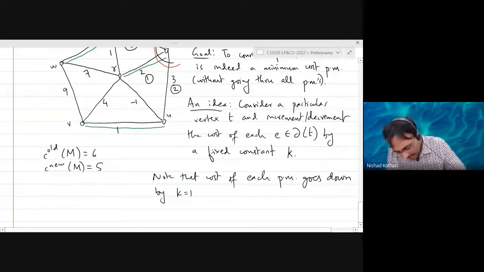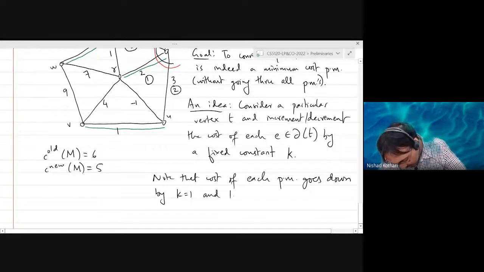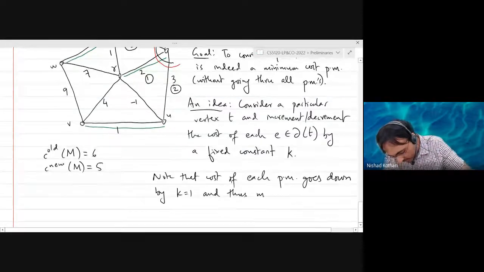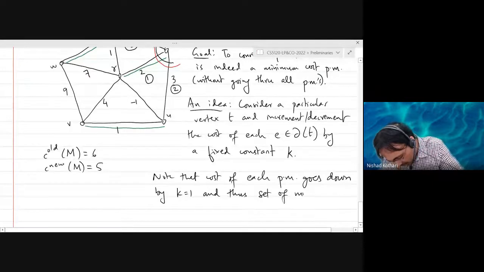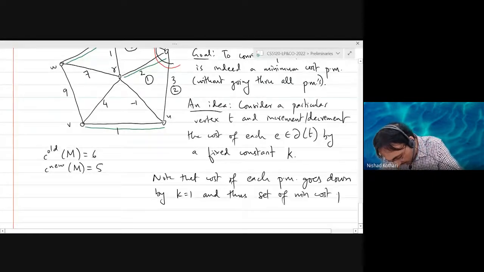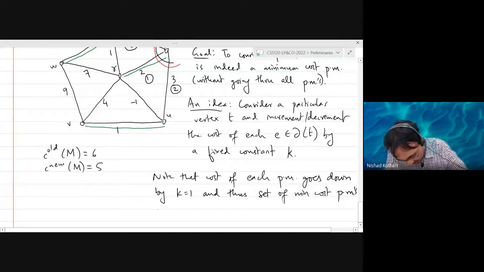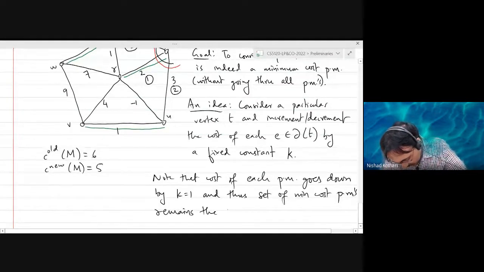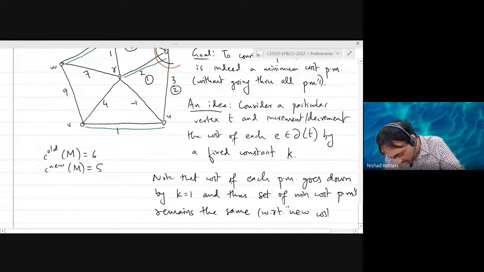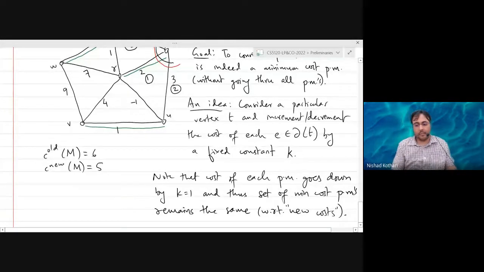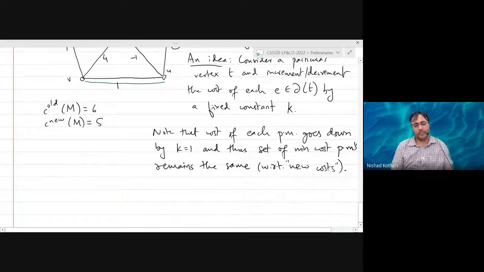Okay, and thus the set of minimum cost perfect matchings remains the same with respect to the new costs. Okay, are there any questions or concerns at this point?